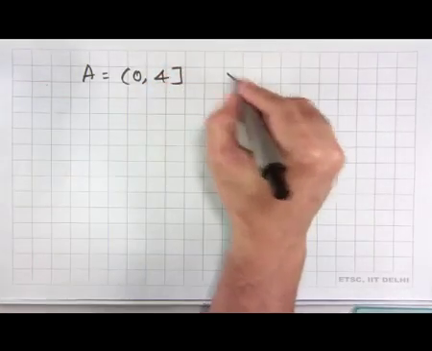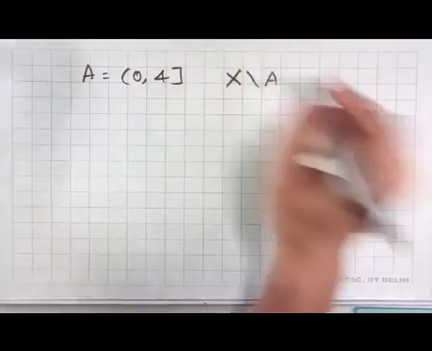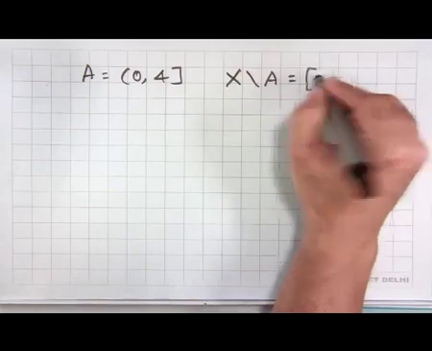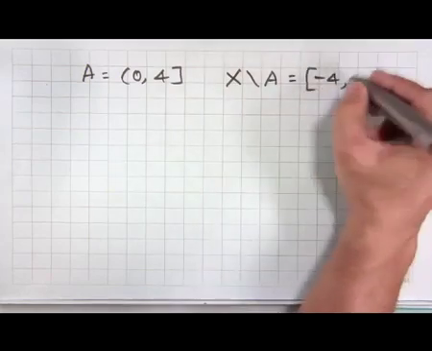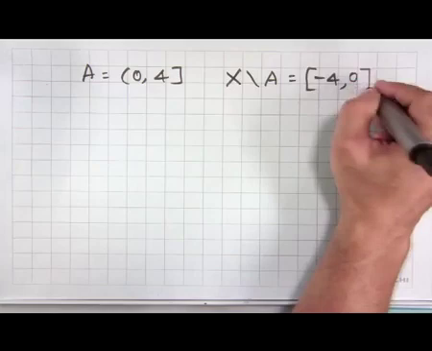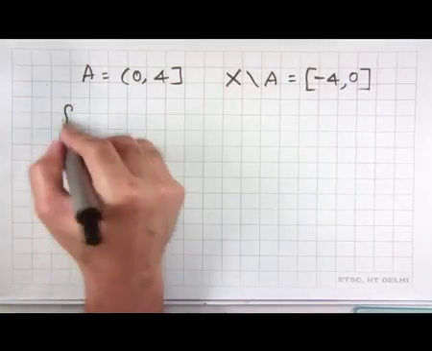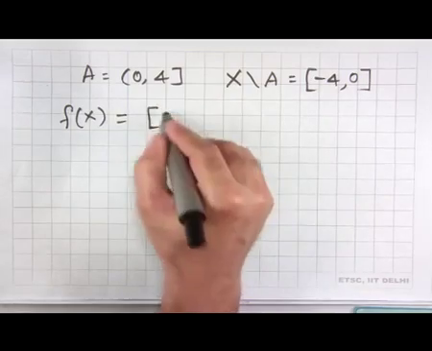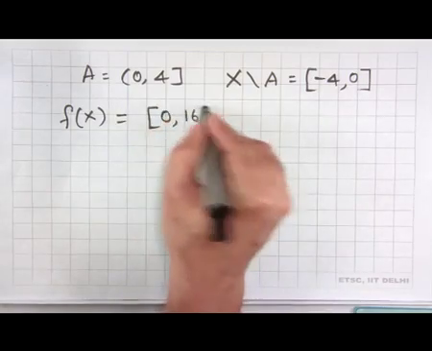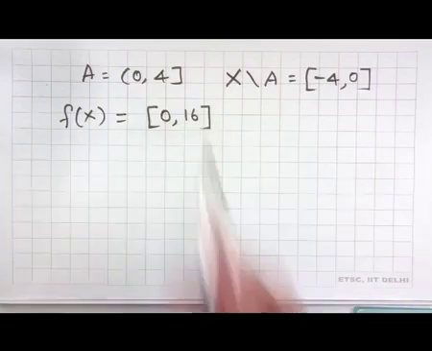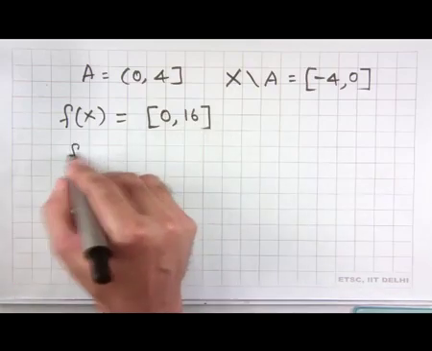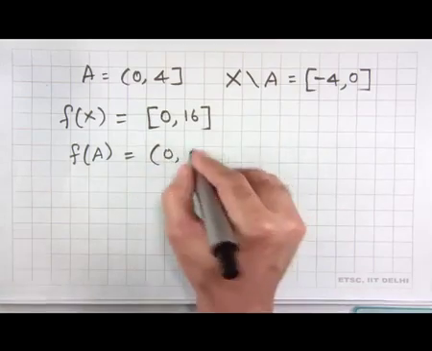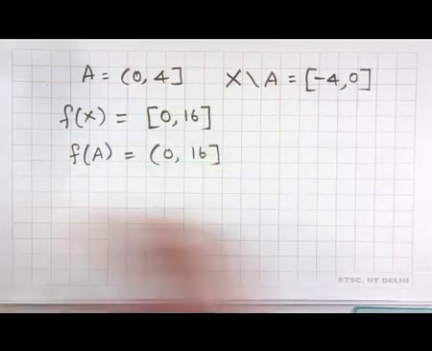Here, if you notice, X minus A, the complement of A in X, is going to be [-4, 0], and f X is exactly [0, 16], while f of A is (0, 16].